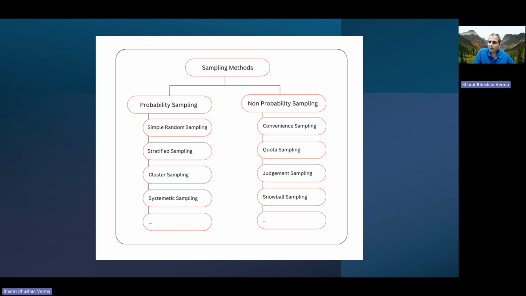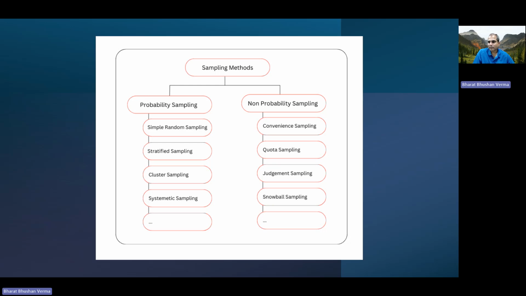Stratified sampling: if we know there are multiple tiers or strata within the bigger population, we can do a random sampling of each stratum in the proportion the population exists in each of the strata. That is stratified sampling.